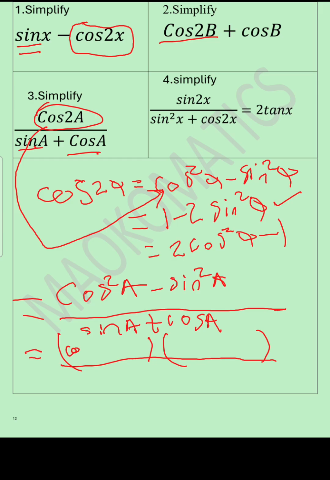So this is (cos A minus sine A)(cos A plus sine A), all over sine A plus cos A.